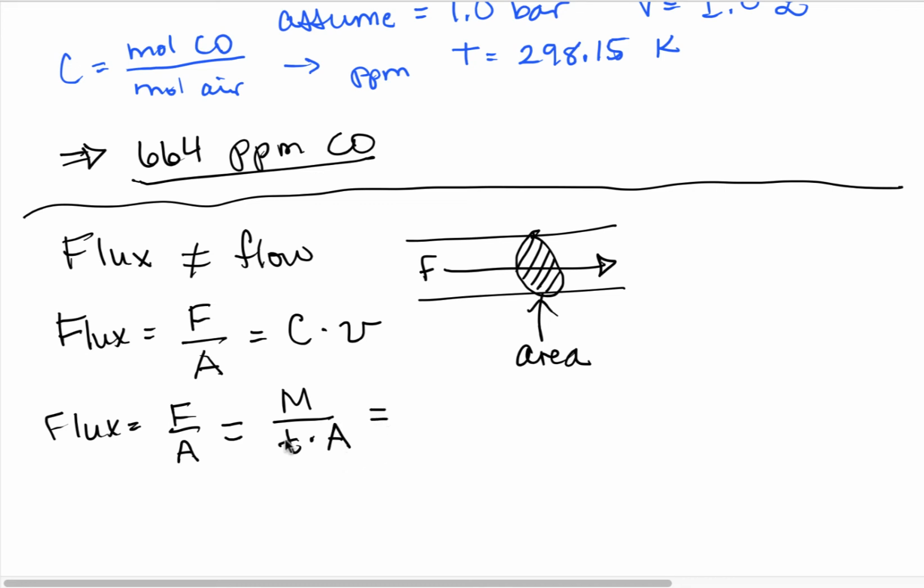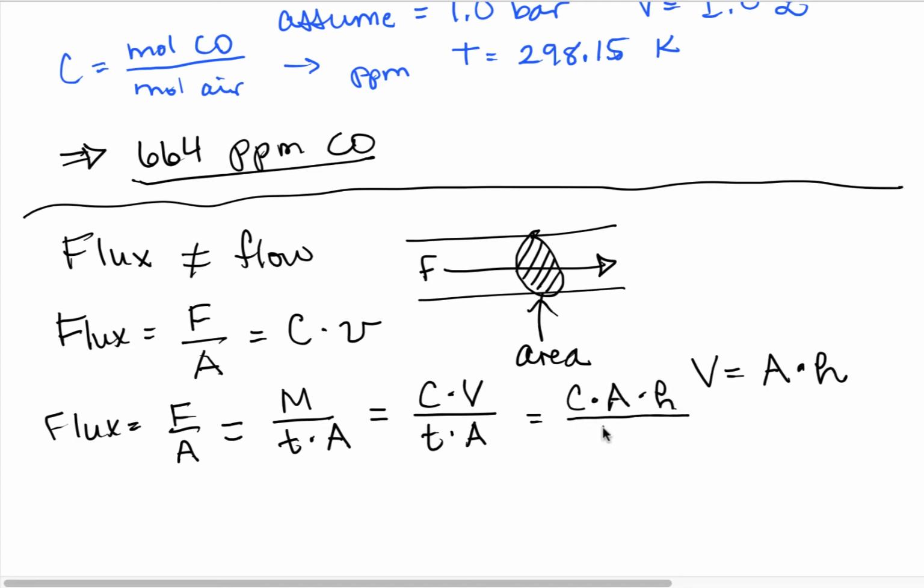The amount of stuff is the concentration times the volume, and then we still have time and the area. Now, if we think about volume as area times, I don't know, a height, it sort of depends on which kind of area we're thinking about, but we can approximate it like that, length times width times height. Then that volume can become area times height.